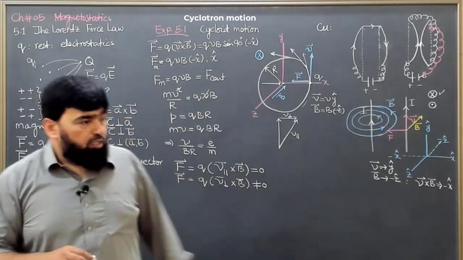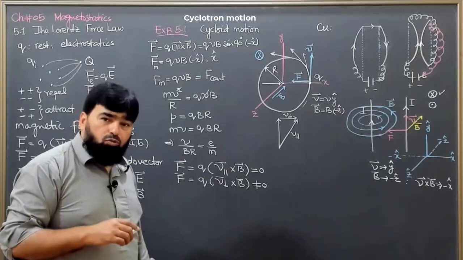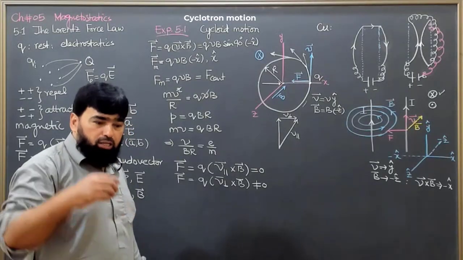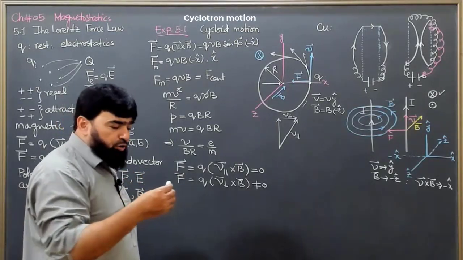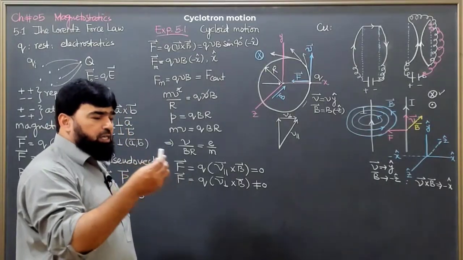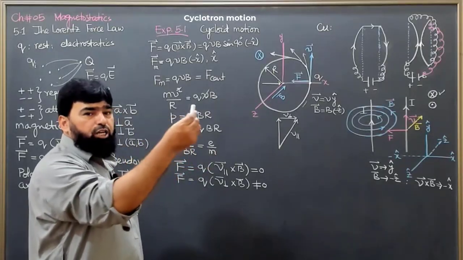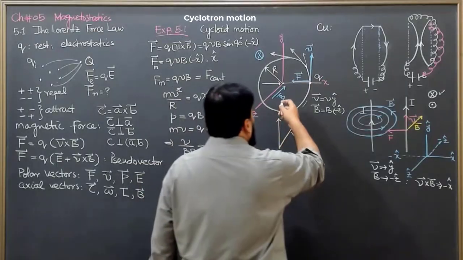The force will now not be in the central direction, but it will try to move this in a circle, while the parallel component of V will cause it to move along the magnetic field.